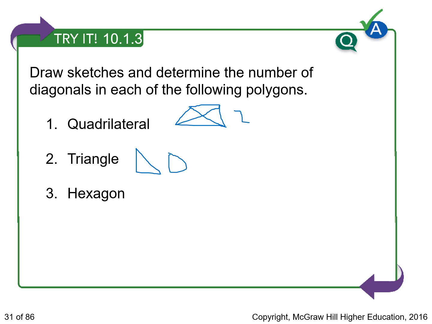A hexagon should have, ooh, I don't know if I can draw it with my mouse. There we go. So there's 1, 2, 3, 4, 5, 6. So there's going to be 3 from each vertex.